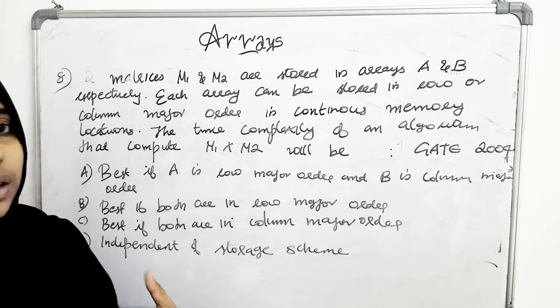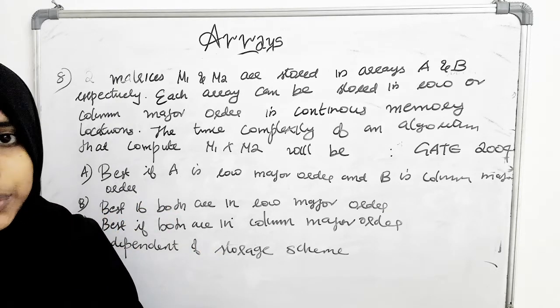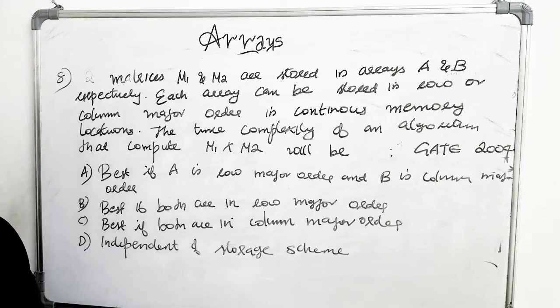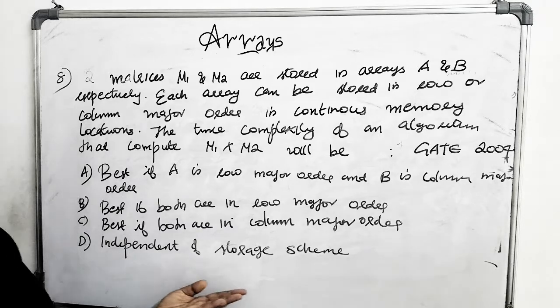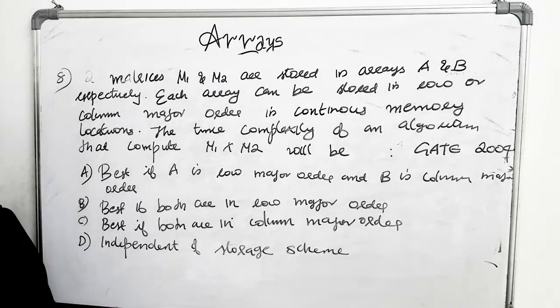So it doesn't matter if it is reading from left to right or right to left. The complexity is equivalent because it has to process each element one by one anyway. That is, all the elements in both matrices need processing. So the answer is independent of storage scheme. Hope that is clear. We will move to the next question.